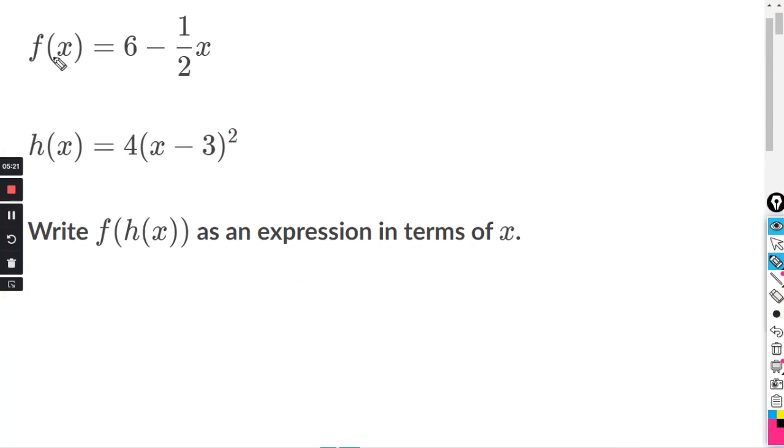Okay, again, we have two functions, f of x, h of x. They want us to write f of h of x as an expression in terms of x.